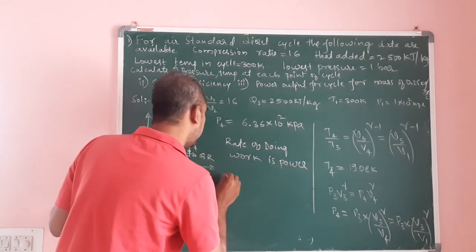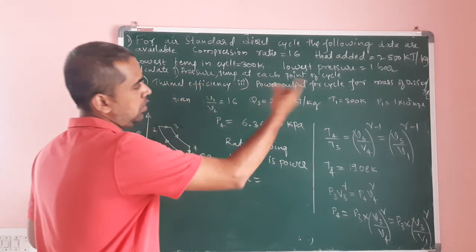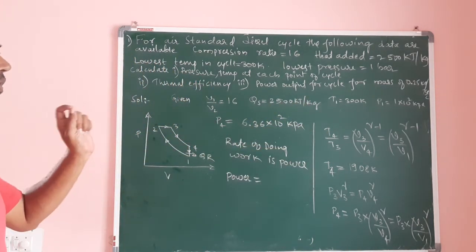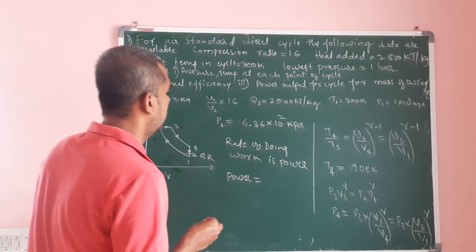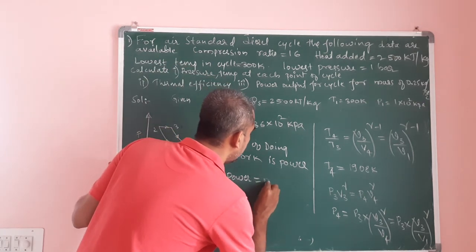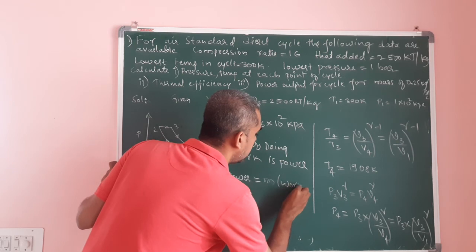How will you calculate power? Power is nothing but work done into mass flow rate. Power is equal to M into work done, mass flow rate into work done.